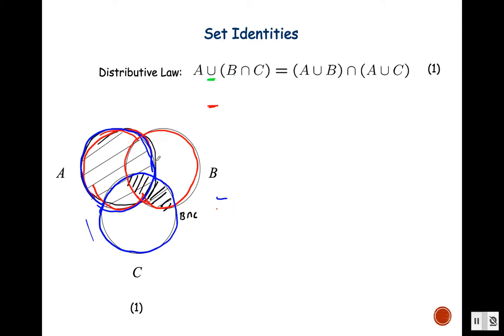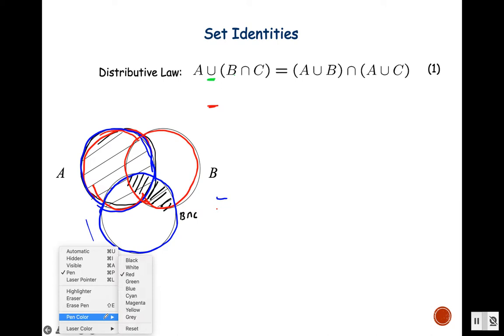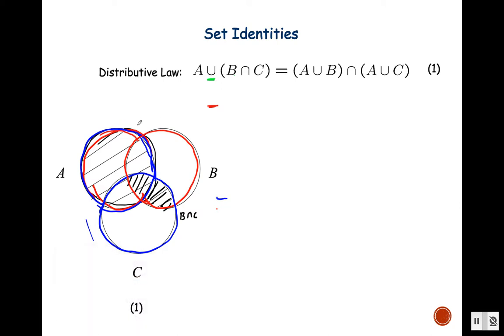Okay, so now you can see that the intersection means actually, now let me use a green color. The intersection is actually this one, which was our A union B intersection C.